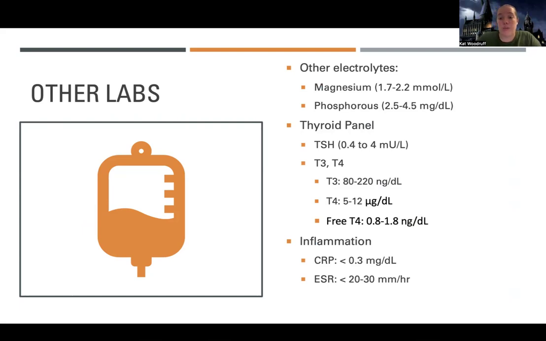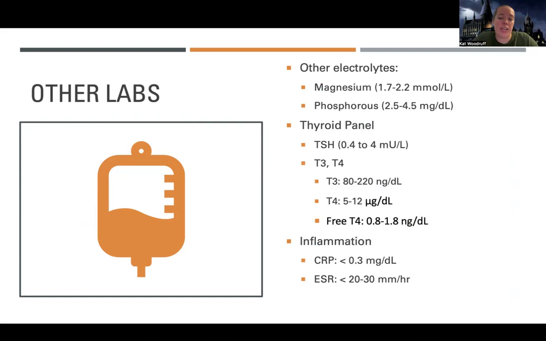But you always want to look at your patient. Remember, low thyroid, kind of slow, sluggish. High thyroid, they're like fight or flight, going real fast. I like to think cold is low, hot is high, things like that. But you can go back. I have a whole thyroid lecture on a different PowerPoint.